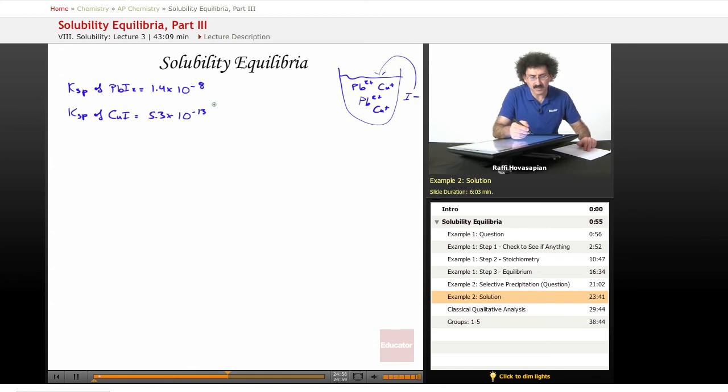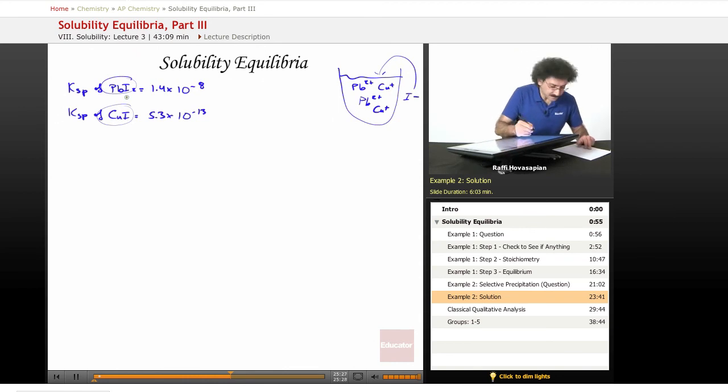We know one of them is going to precipitate first, probably this one, simply because it has a higher KSP. Well, the problem is PbI2 and CuI, you can't compare them directly, because they don't produce the same number of ions upon dissociation. So you have to run the mathematics. If they actually produce the same number of ions, then yes, you can use the KSP, like when we discussed relative solubilities two lessons back. But here you have to run the mathematics.